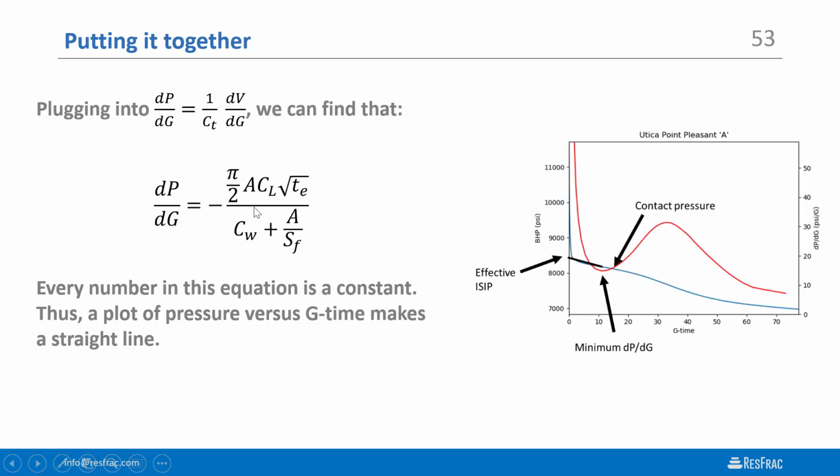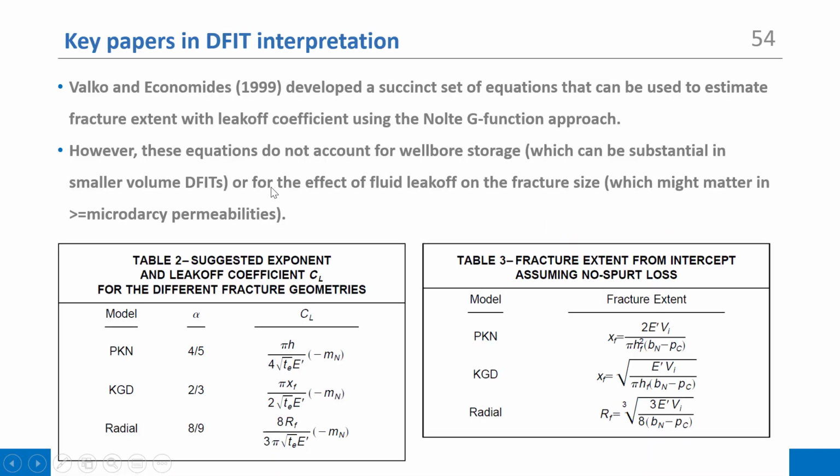This equation is the essential aspect of Nolte's work on establishing leakoff coefficient from a G-function plot. The reason his derivation is so useful is that it's possible to write an equation like this. We can measure dP/dG from field data, we can estimate these other parameters, and we can then infer the leakoff coefficient.